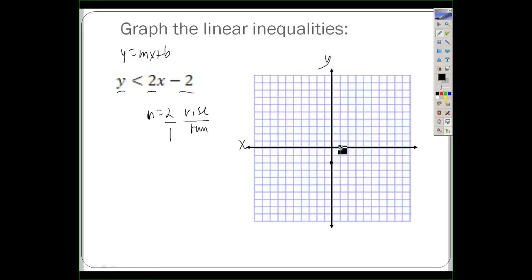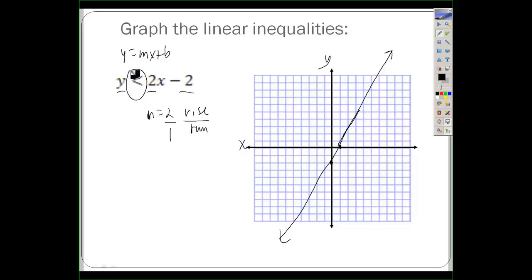Okay, now that I have 2 points, I can connect my dots. And like I said, I'm going to go ahead and continue it all the way through my coordinate plane here for today. And now there's 2 things that are different about inequalities that we didn't used to do. The first thing we need to check for is whether our line should be solid or dashed. This time it's just a less than sign.